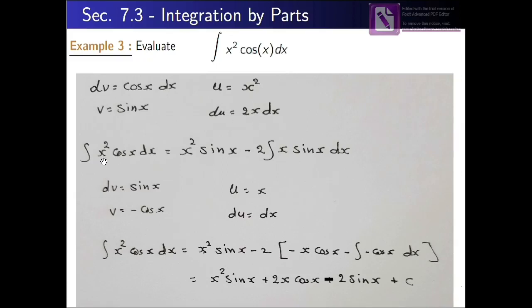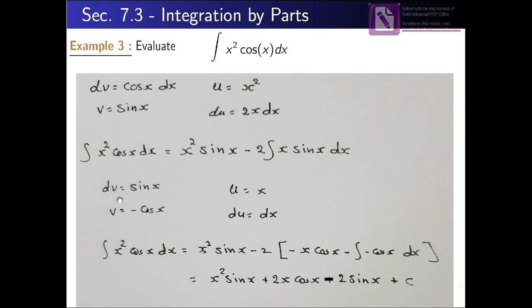Now the integral of x squared cosine x dx will be u multiplied by v, so x squared multiplied by sine x, minus v multiplied by du, which is minus 2 integral of x sine x dx. Now for the integral of x sine x dx, we need to use integration by parts again.